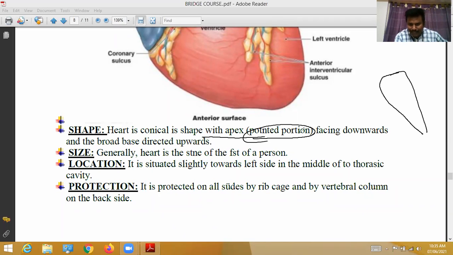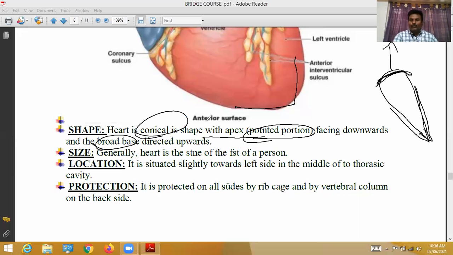Apex means the pointed portion, and this pointed portion faces downwards. And this is called the broad base. The broad base is directed in the upward direction. That's why it is called conical in shape.